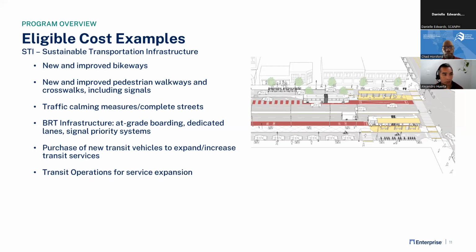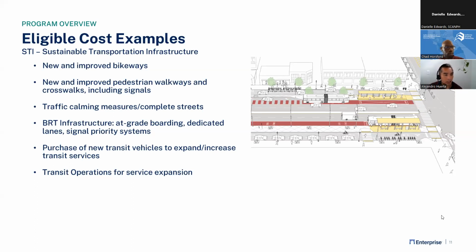As this diagram shows, it shows some of those elements of a BRT. And then lastly, although rarely used, AHSC also funds the actual transit operations for transit partners. So this, again, is the STI category in terms of eligible funds.